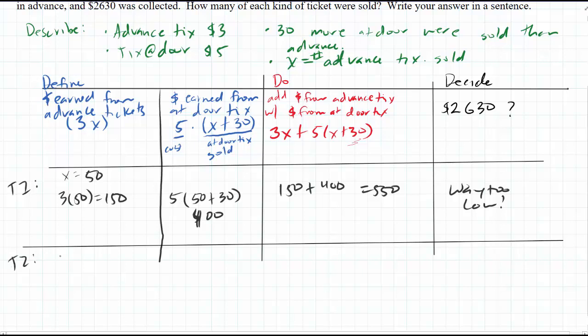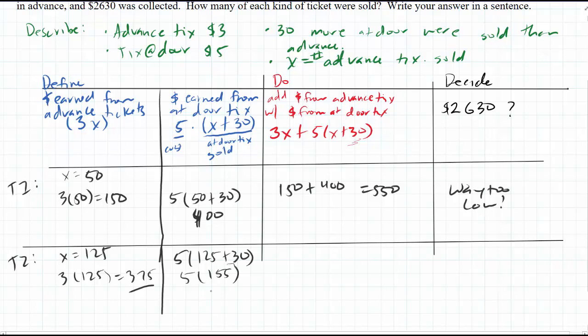Trial 2: 125 advance tickets sold. 3 times 125 is 375. 5 times 125 plus 30 is 155 times 5, which is 775. So 375 plus 775 is 1,150.